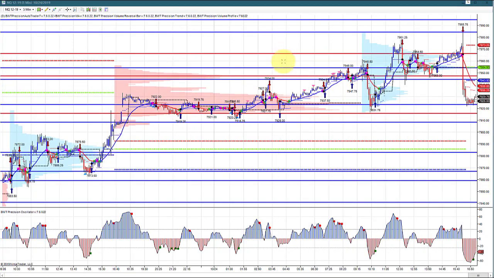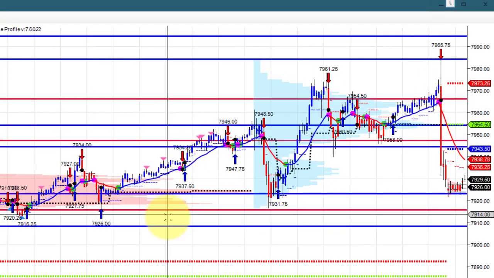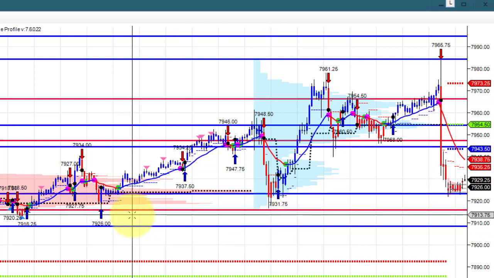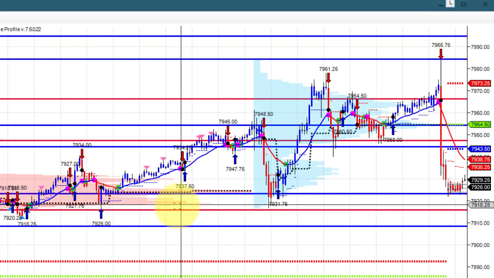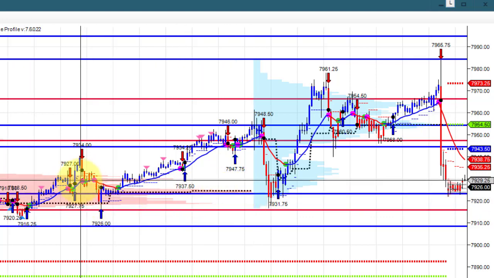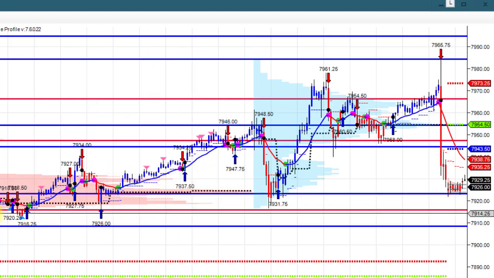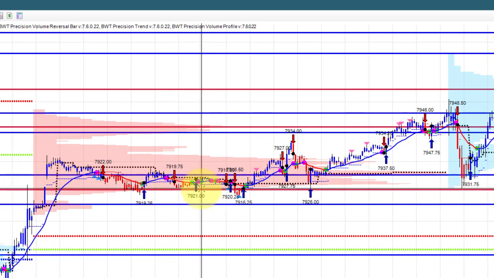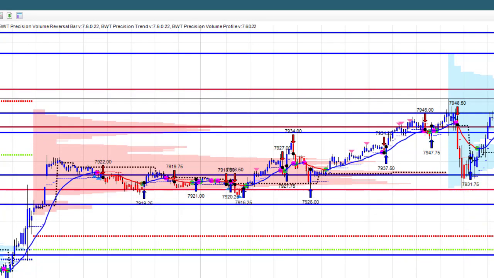The red lines here are the three levels that Jim said were really important, and of course that turned out to be the low of today, and that was definitely a high volume node from last night's session. And of course the lows of the night session here were at that 16 level.